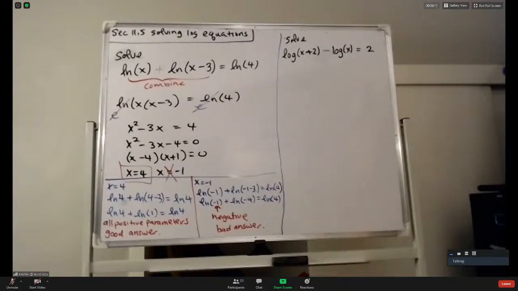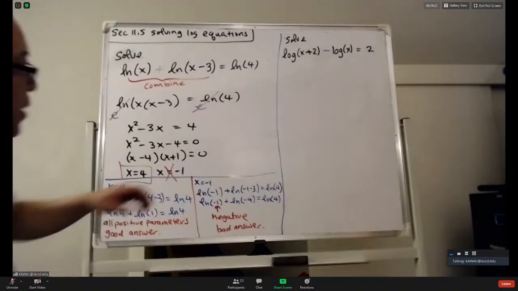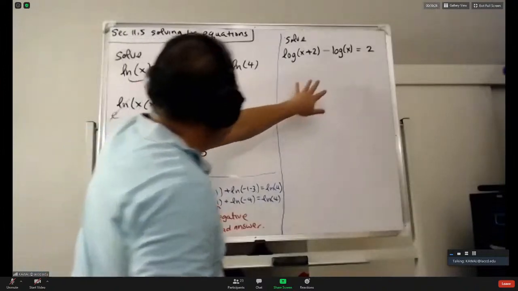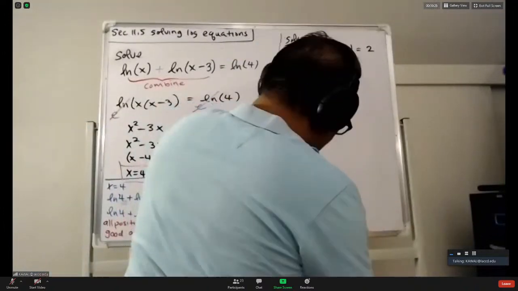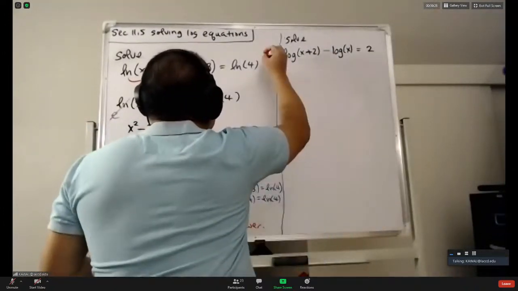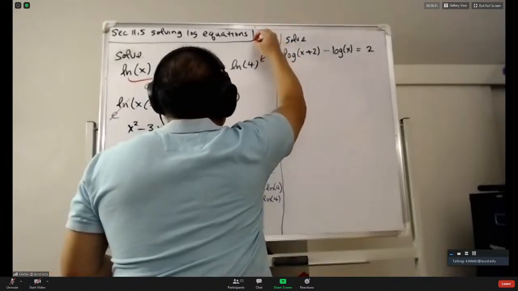Okay. Now, the way we start these problems is always the same. On this side, I have 2 logs. On this side, I have 2 logs. I want to have only 1 log. So the first thing we always do is we combine the logs.